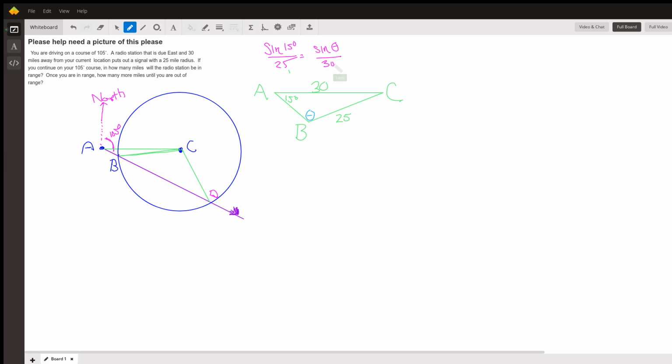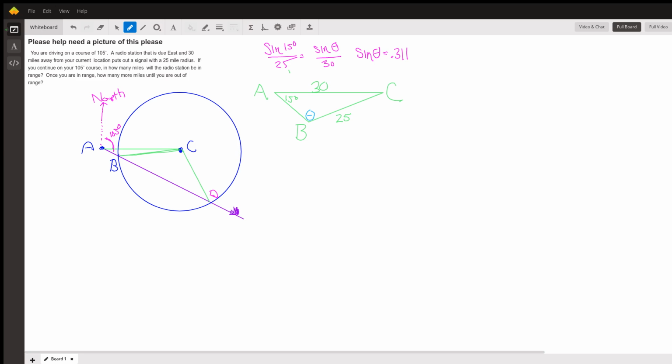And then when you crunch all the numbers there, we get sine of theta equals 0.311. Now I wrote it this way because I don't want to jump to inverse sine right away, because there are in fact two angles theta that have a sine of 0.311. Your calculator will always tell you the first quadrant angle, which is 18.1 degrees. That's not the angle we're looking for.